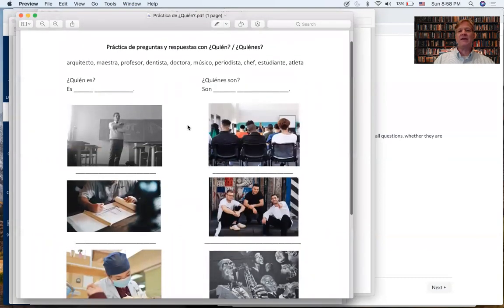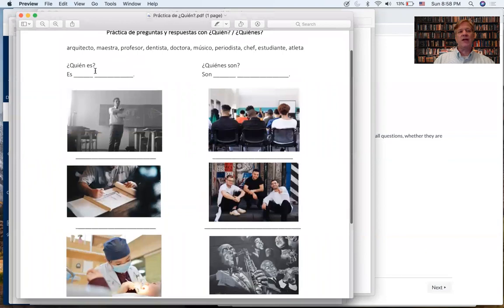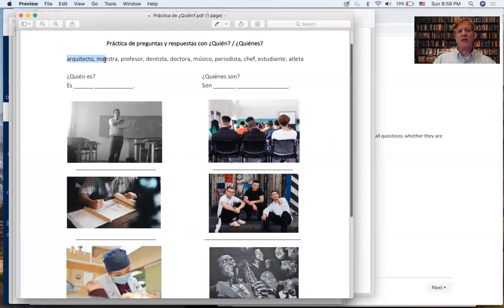This is quién and quiénes. So quién asks for a singular person. ¿Quién es? I've given you some occupations up here. These are the professions or occupations based on the classes that we learned in a previous unit.